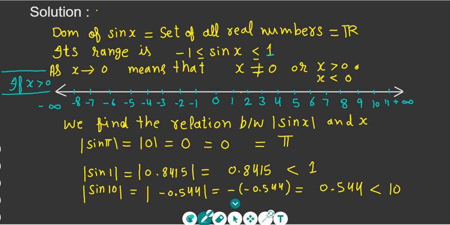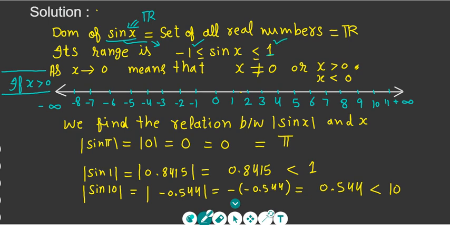First of all, we should know that the domain of sin of x is the set of all real numbers. We can put all real numbers in the sine function. As a result, we get the value of sine of x, which will be from -1 to 1.